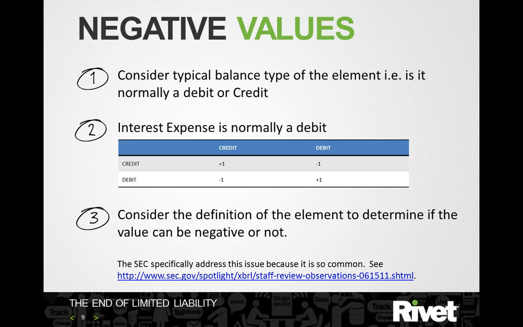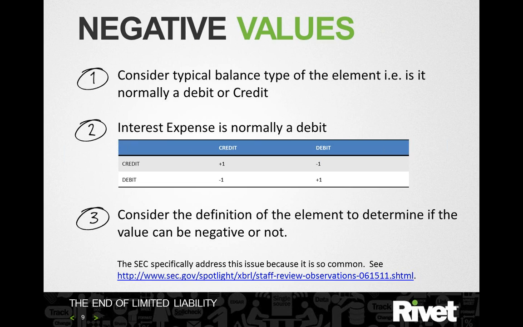If that is the case, the debit balance of interest expense should always be positive. If for some reason the interest expense becomes interest income, then that's probably the only reason that item would become negative.